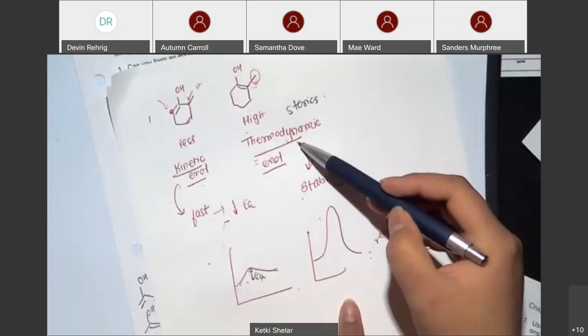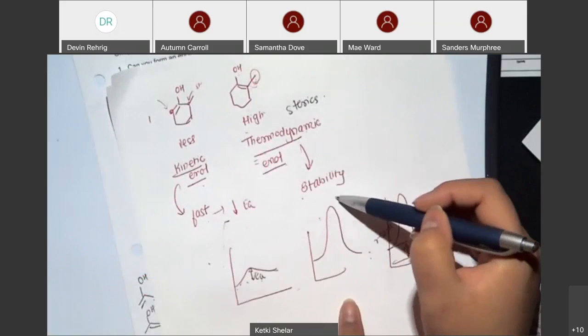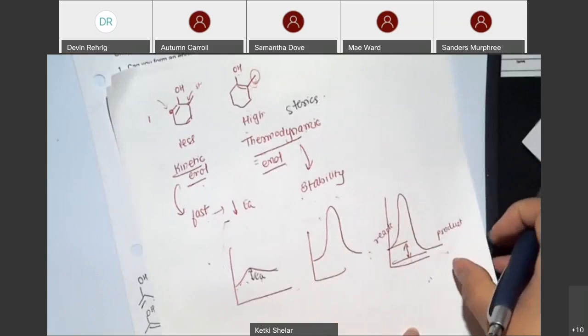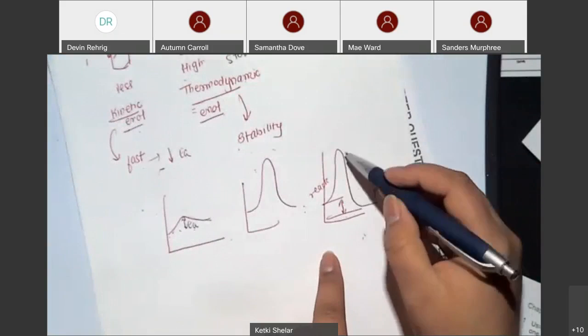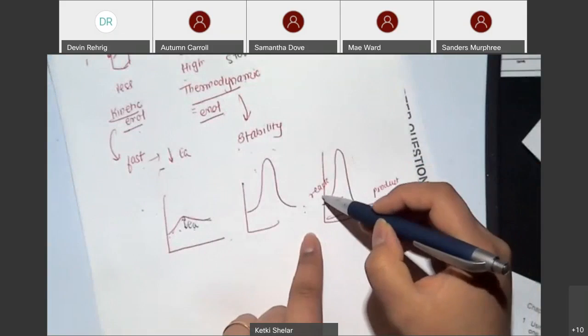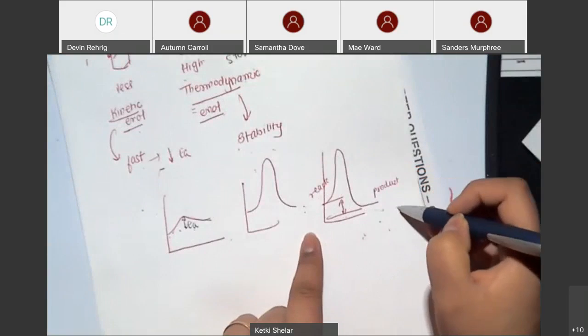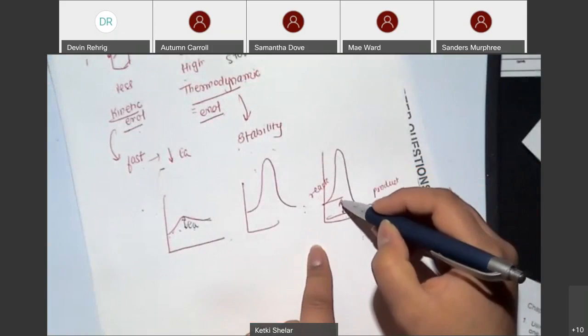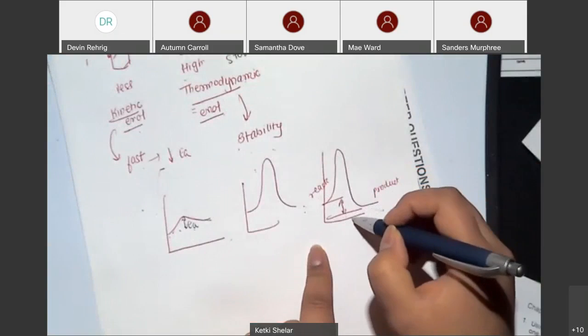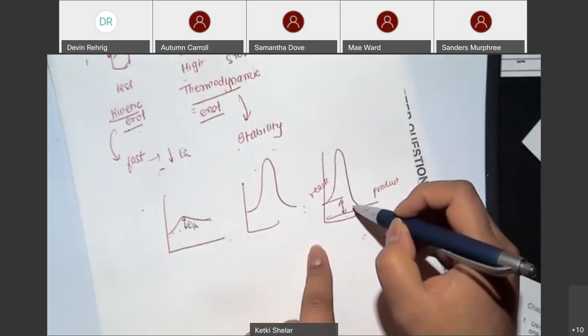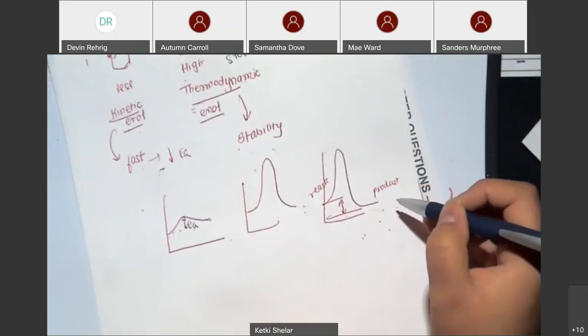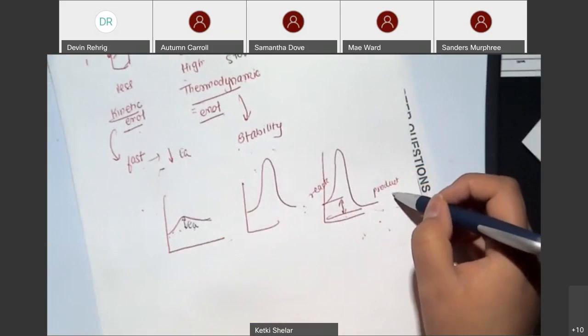The thermodynamic product has very good stability, and it can be determined by this graph where you see the reactant and the product is very low. Whatever the difference between reactant and product energy, that shows how stable the product is.